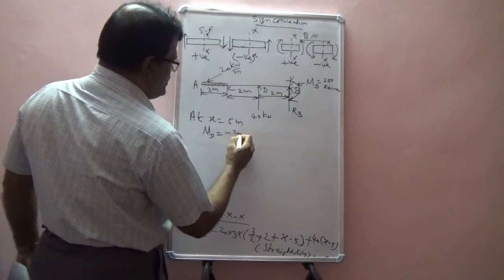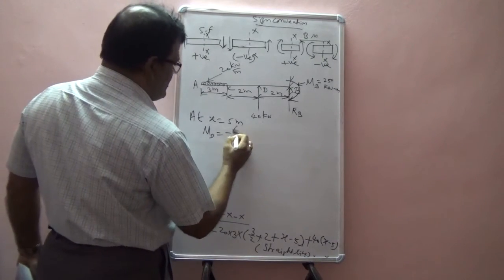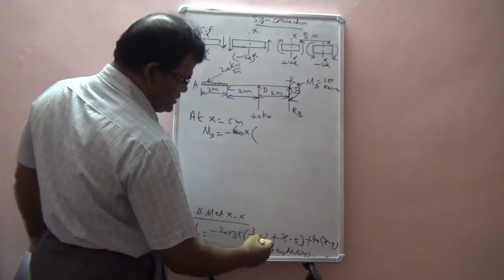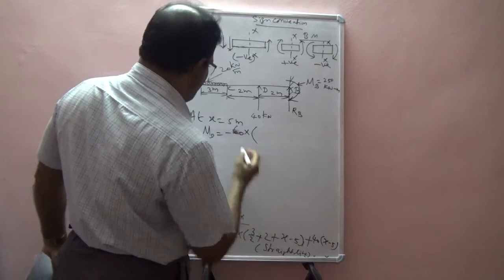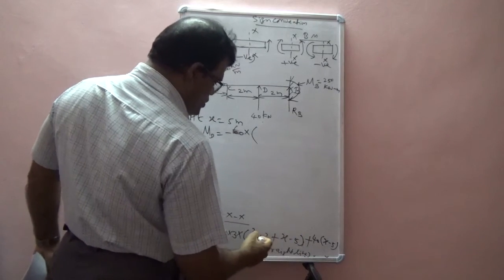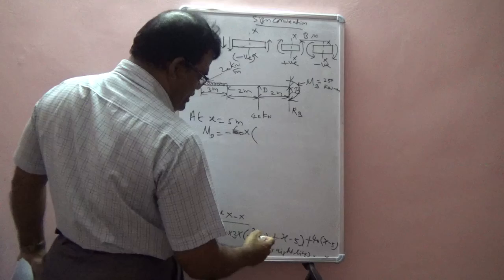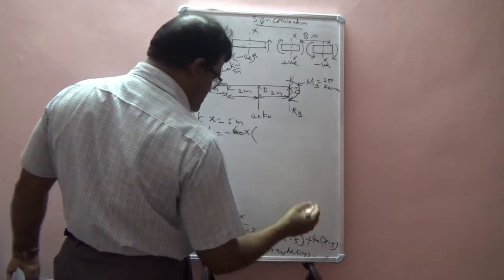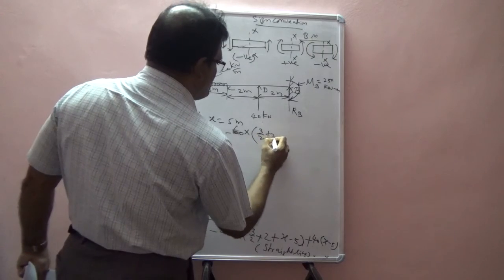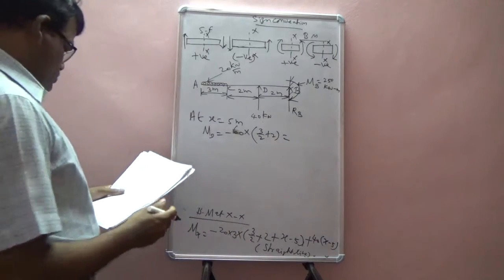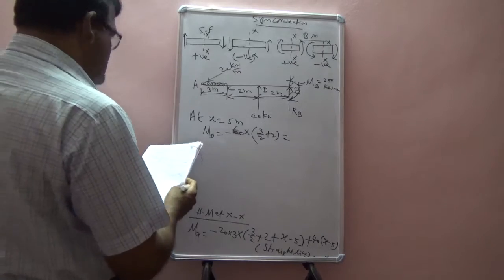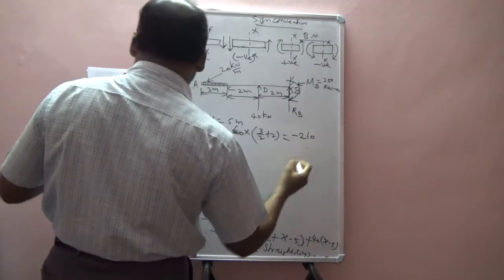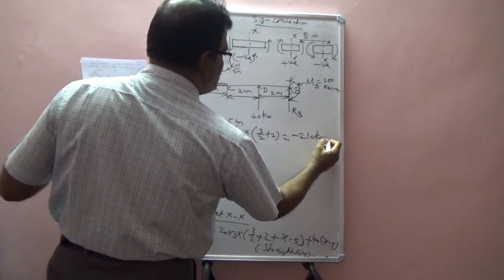So that is minus 20 times 3, which is minus 60, multiplied by 3 by 2 plus 2. Since x is 5 meter, the x minus 5 term becomes 0. So 3 by 2 plus 2. This answer is going to be the bending moment at D, a value of minus 210 kilonewton meter.